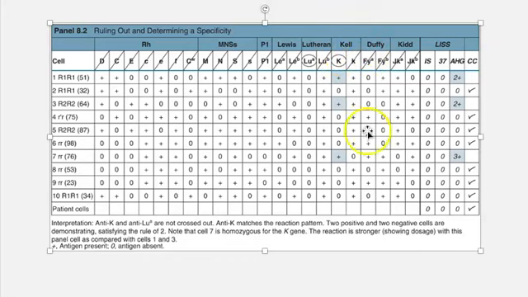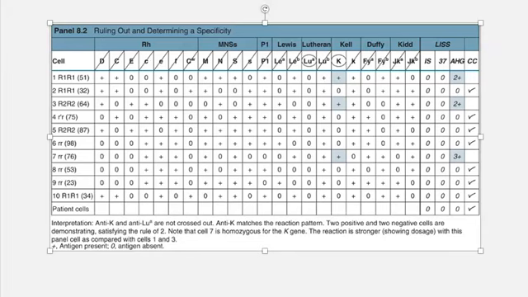If they have the Duffy A antigen on their red cell, they cannot make the antibody. So we could rule Duffy A out based on the patient's phenotype. But if the patient was negative for the Kell antigen, then we know they could have potentially built an antibody. So we know that that's a possibility.